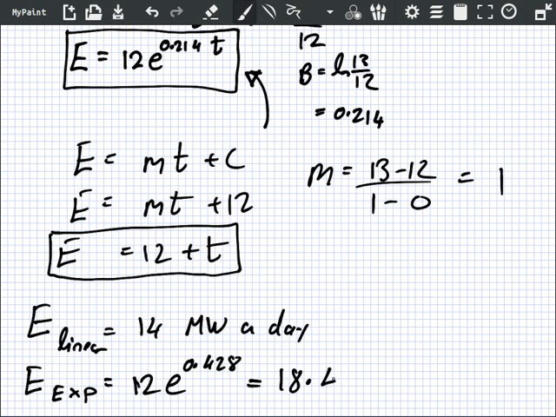18.41? Yeah. So, are you sure? Seems kind of big. It is? Okay. Where's the 0.428 from? Oh, I put T as 2. Isn't it 0.428?